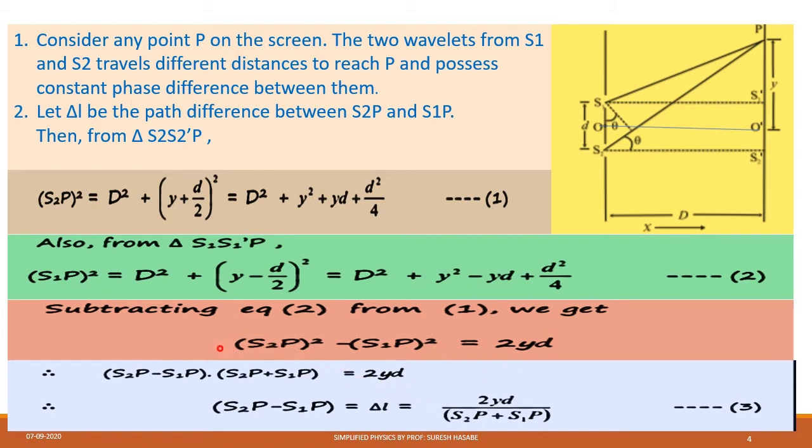Now, we can take this S2P plus S1P to this side. Therefore, S2P minus S1P is equal to 2yd upon (S2P plus S1P). Now, this is equation 3. Go to the next point.